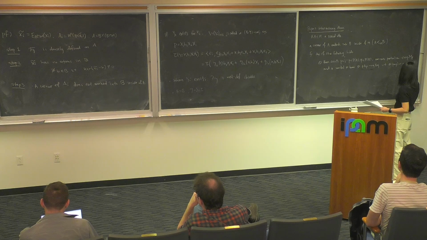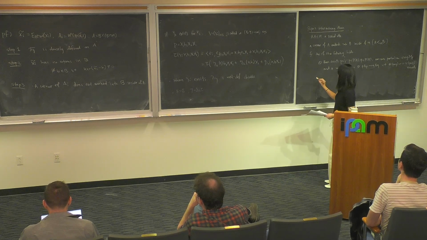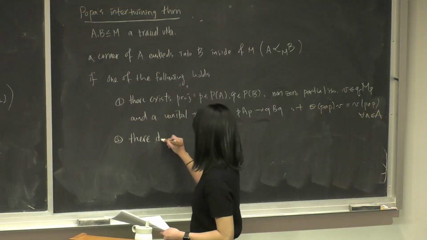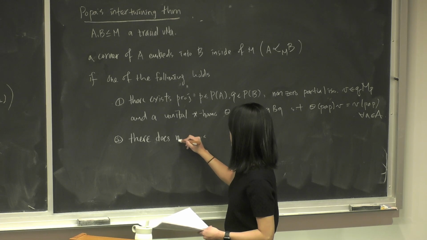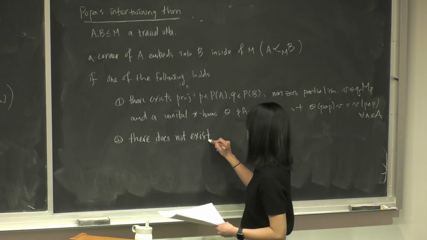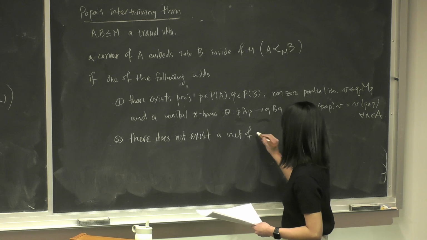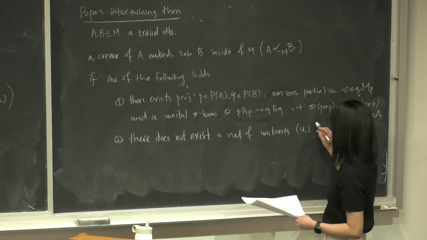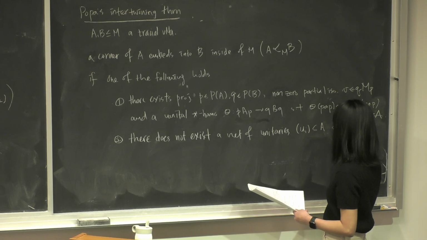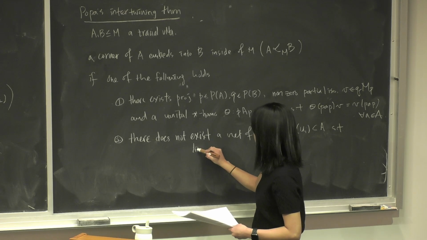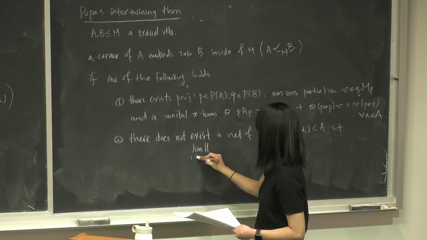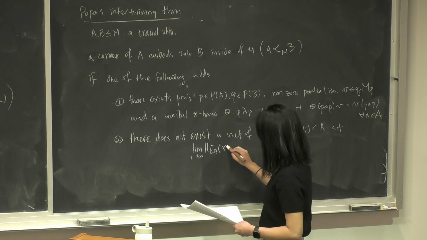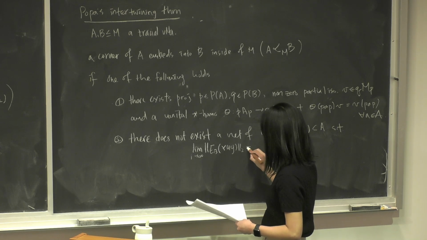For all. And the second one is there does not exist a net of unitaries in A such that the limit of conditional expectation of x u y is 0.